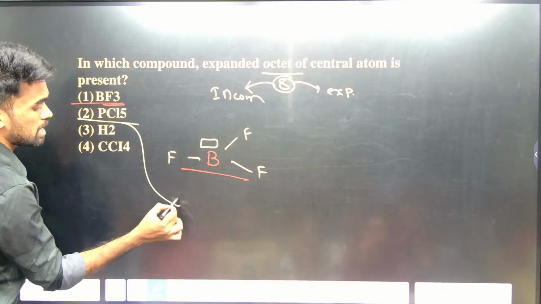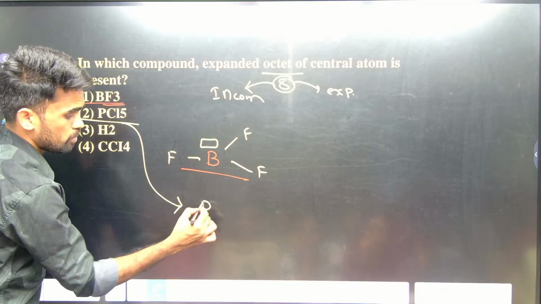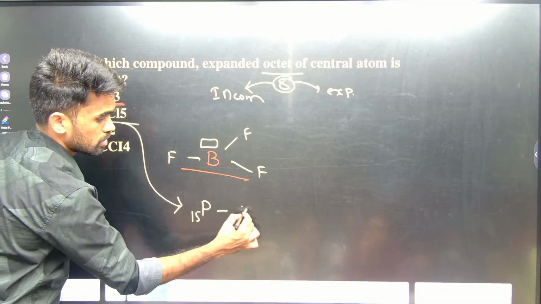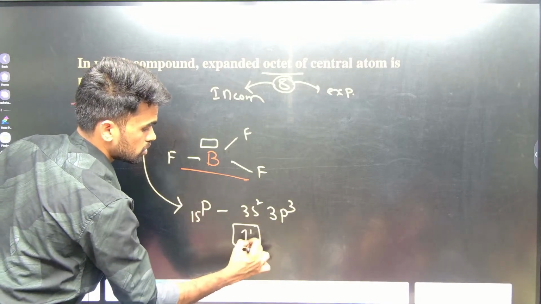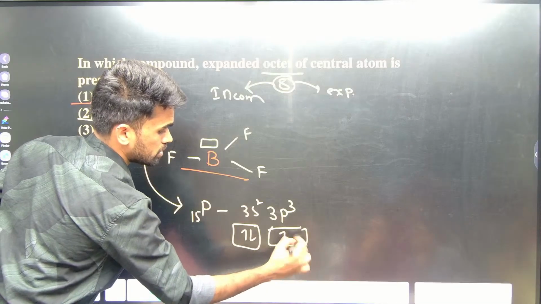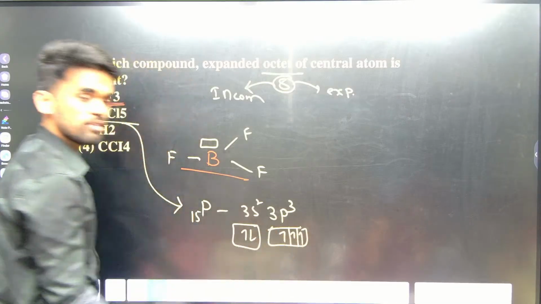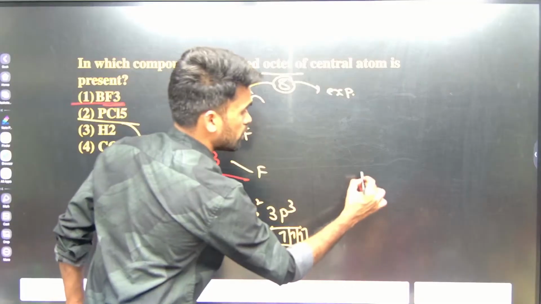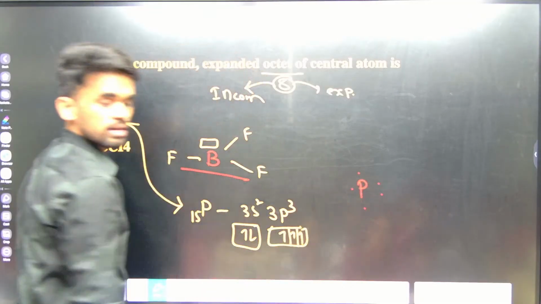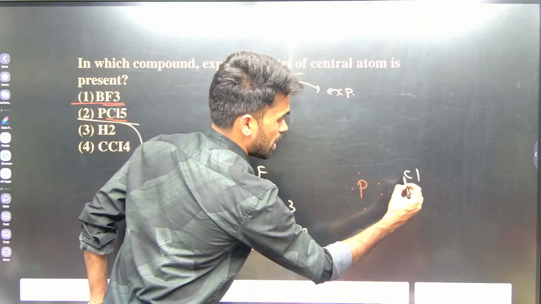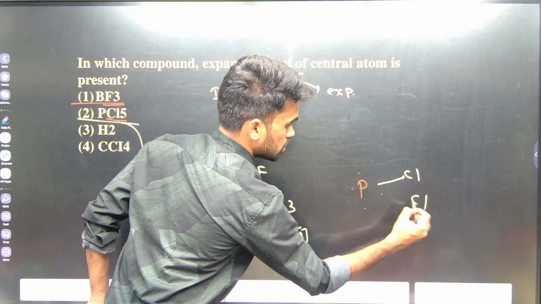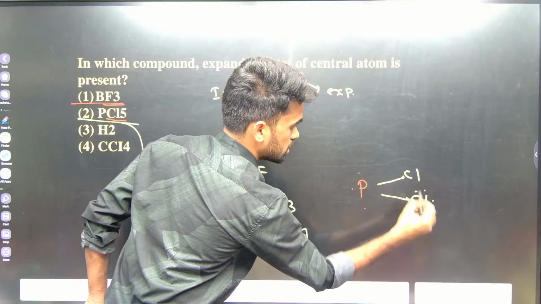Next, PCl5. Phosphorus, how many valence electrons? 3s2, 3p3, so 5 valence electrons. Put 5 dots. How many chlorines are there? 5. Each chlorine contributes 1 electron, with 7 valence electrons on the halogens.